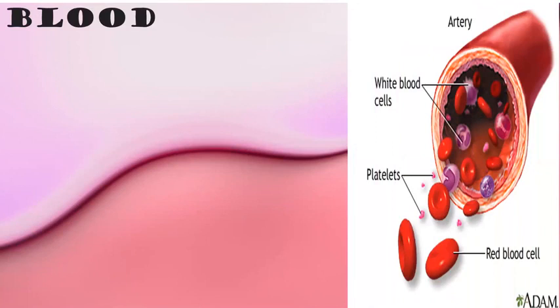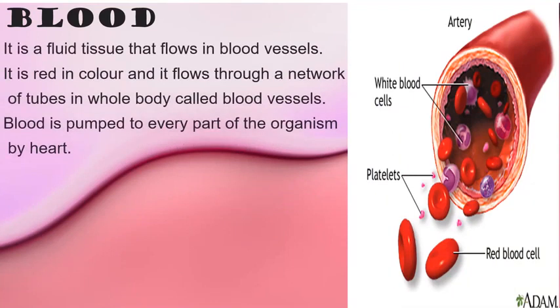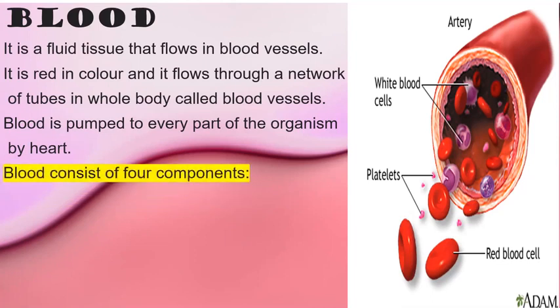Almost any animal that possesses a circulatory system has blood. Blood is a fluid that transports various materials from one place to another. It flows in blood vessels and acts as a transport liquid pumped by the heart to all parts of the body.